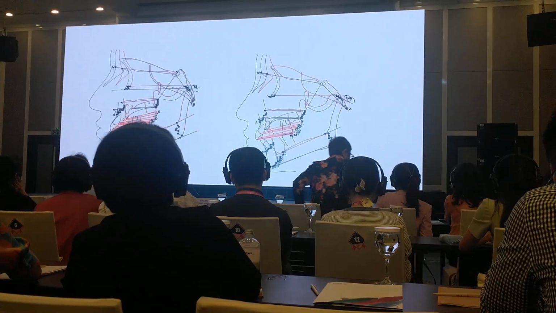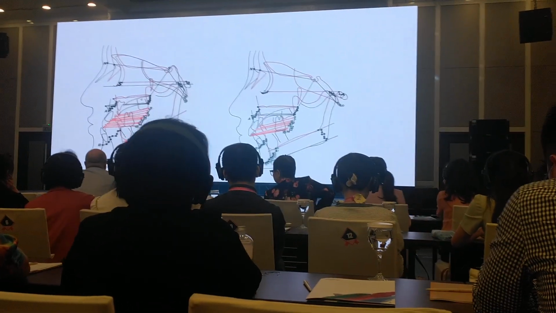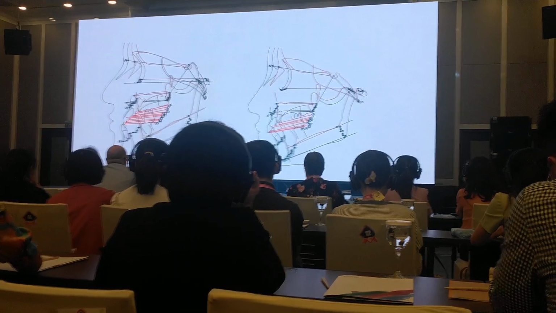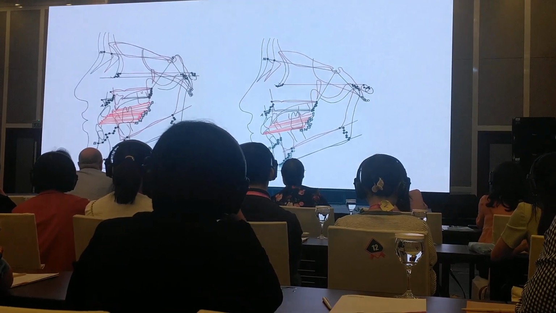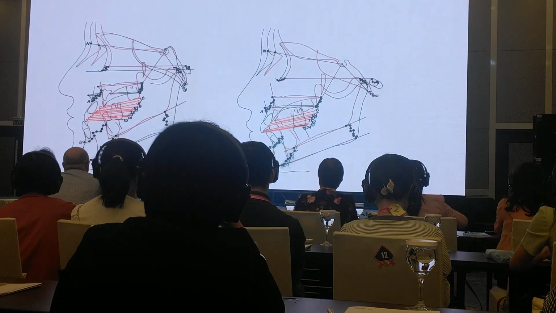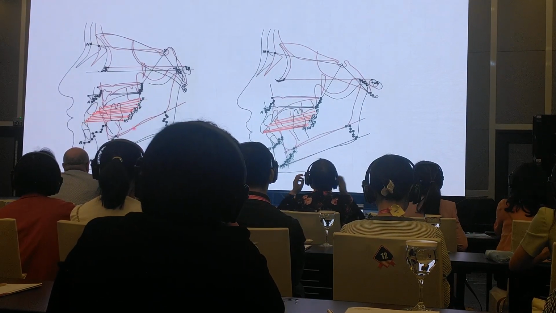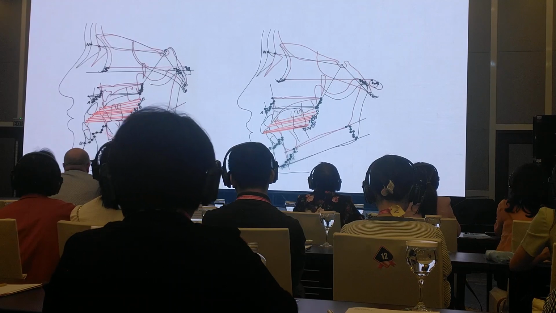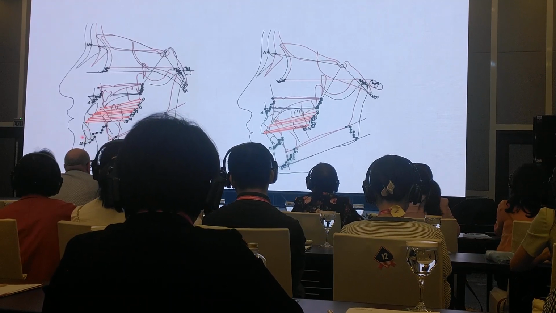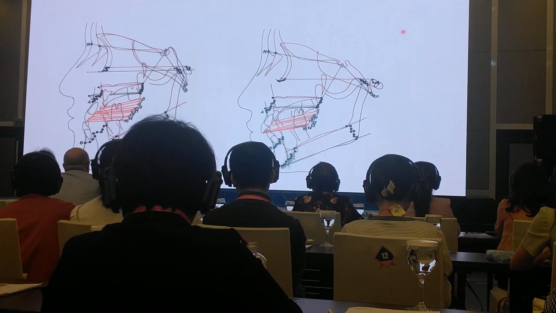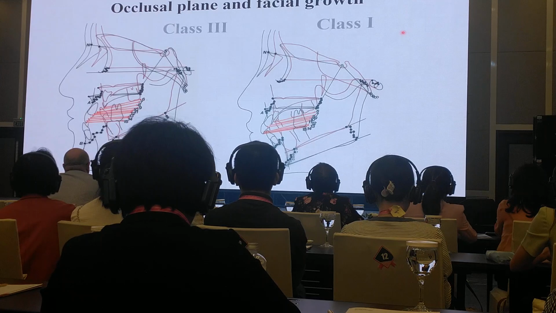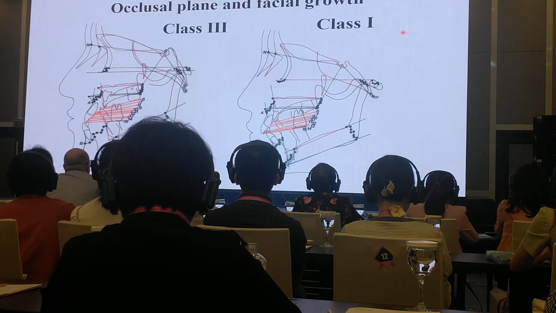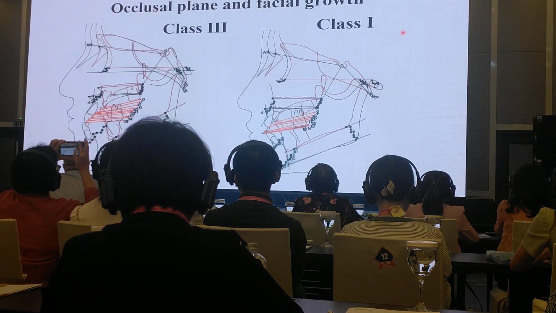But a rapidly developing subject has a much more severe increase in vertical dimension, change of the occlusal plane, very much grappling of the occlusal plane, and the mandible rotates and comes forward. It's true. Very simple. Yeah? Right? Okay.